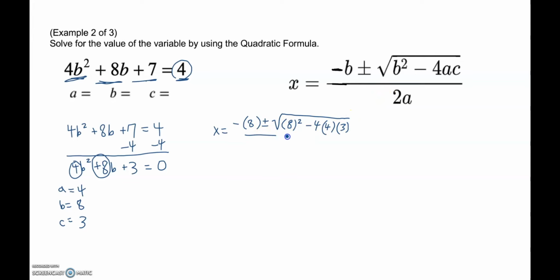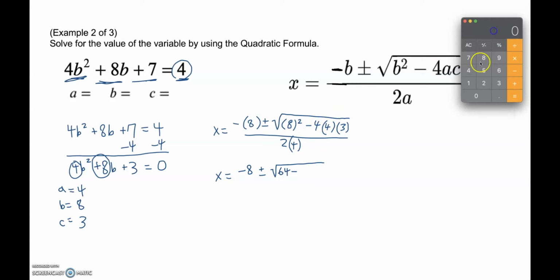This is all over 2a, and our a is 4. Now that we have this, we can simplify further. X is equal to negative 8 plus or minus the square root of 8 squared is actually 64 minus negative 4 times 4 times 3.